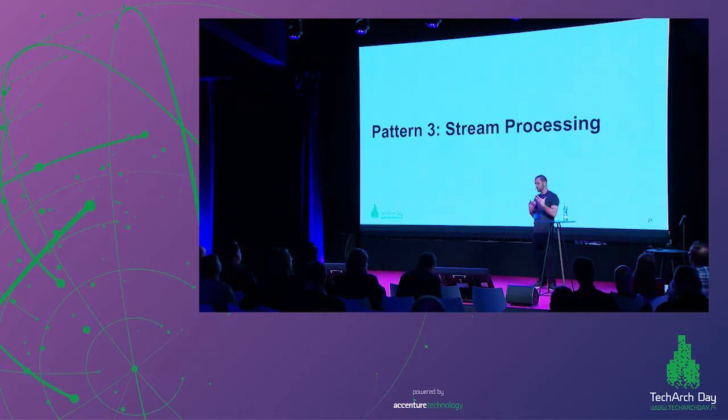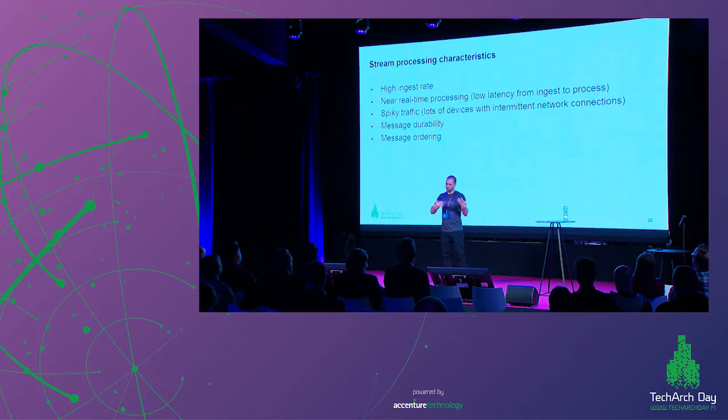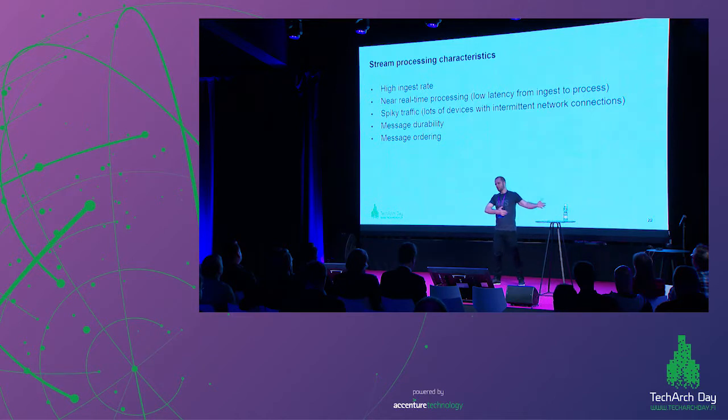The third pattern, and I need to go fast because I'm running a little bit late, is stream processing. The considerations are a bit different than batch, because in batch, time is not so important. In stream, you want results in real time, or near real time. So very often you have spiky traffic and you want results fast.